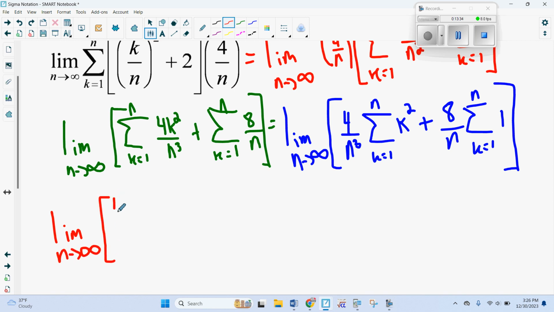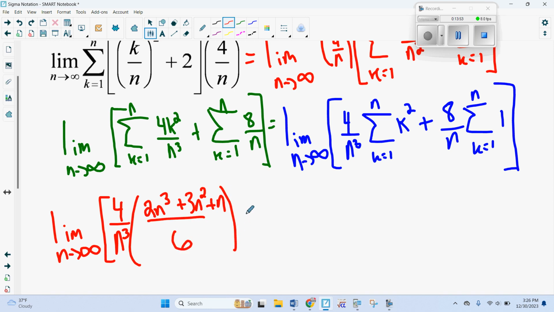So that's going to give me 4 over n cubed. Now I have the sum of k squared, which is 2n cubed plus 3n squared plus n over 6, plus 8 over n times the sum of 1 to n, which is just n.